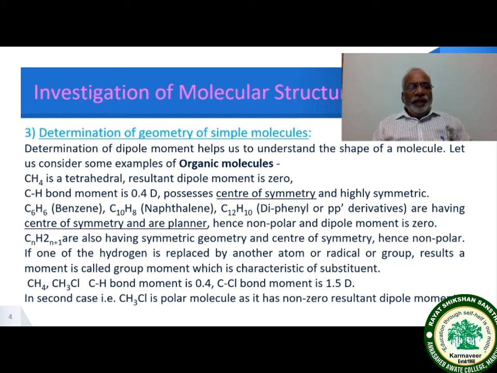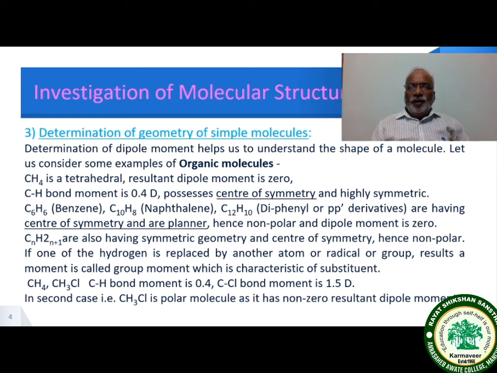Though each bond in the CH4 molecule, that is the C-H bond, is polar in nature, having the dipole moment 0.4 Debye, the molecule possesses a highly symmetric structure, having center of symmetry, and this is similar in case of other molecules like benzene, naphthalene, diphenyl or para-derivatives, which have centers of symmetry and are planar.